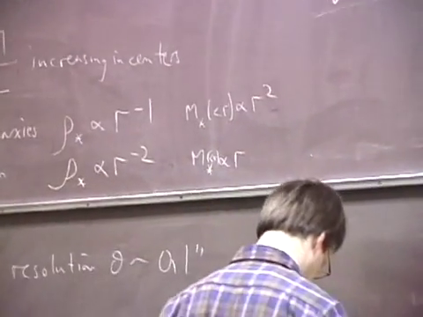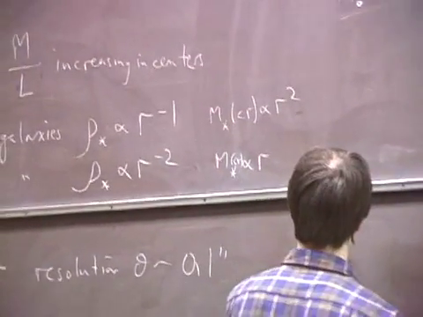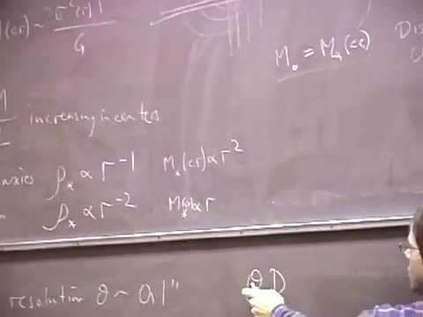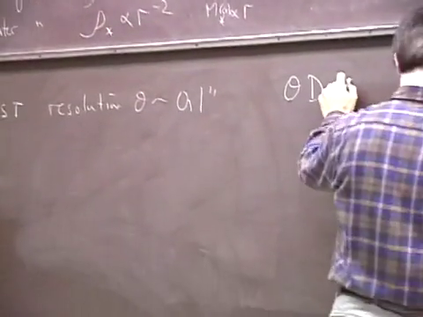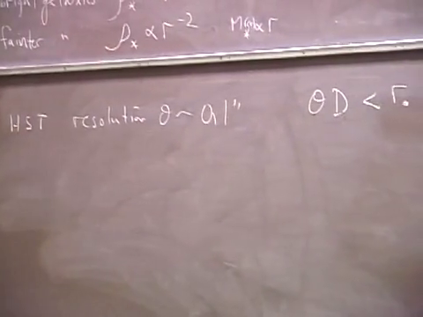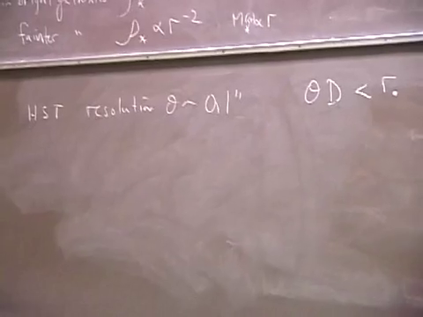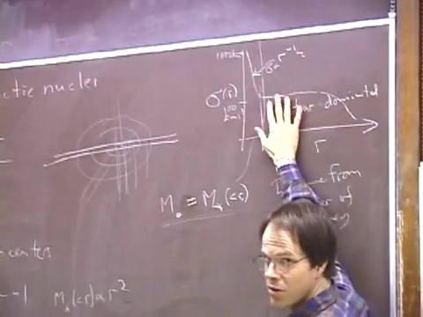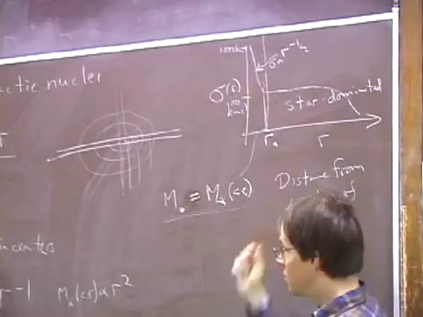So if we want to see this rise, we need to have, if this is the distance to the galaxy, the angular resolution times the distance must be less than the radius where the black hole begins to dominate the dynamics. Otherwise, when we take our spectrum, we can only measure the velocity dispersion of the stars out here, and we're never going to notice the black hole.